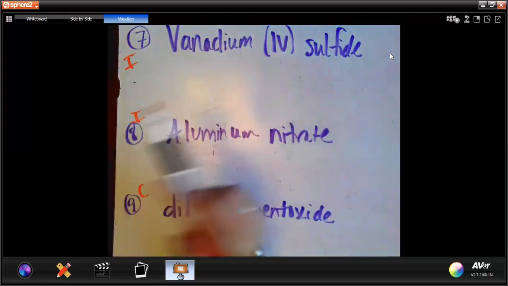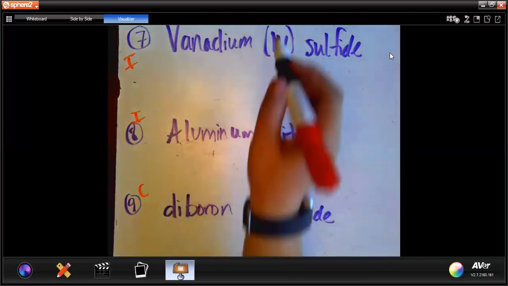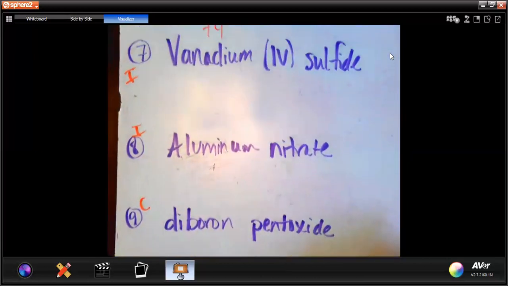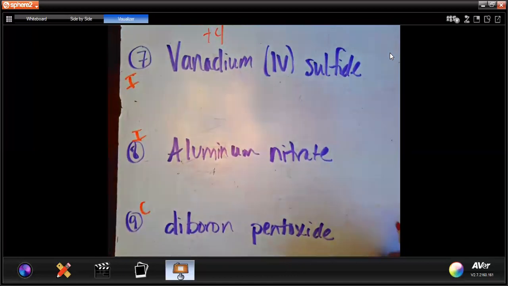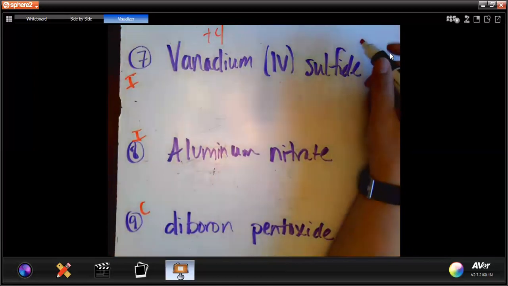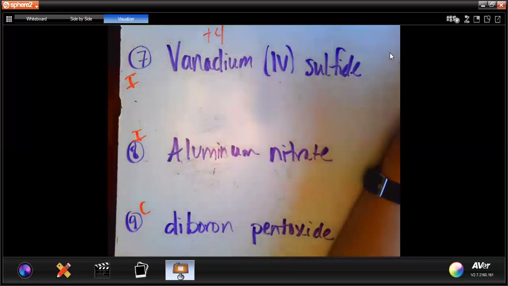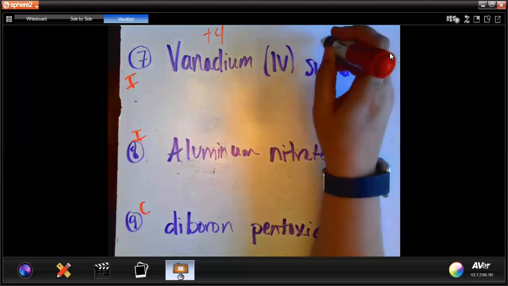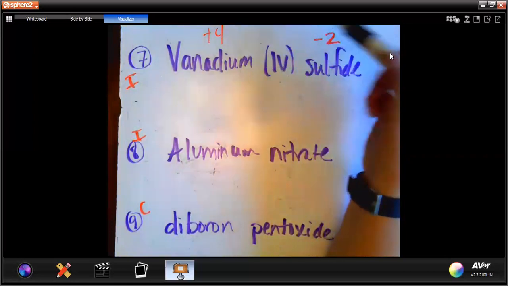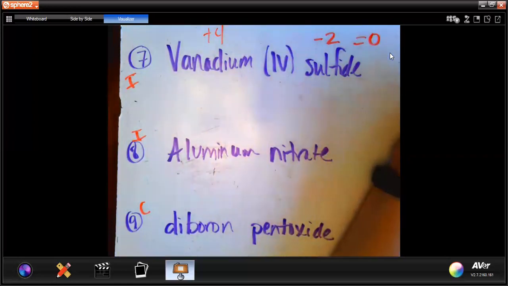All right, so vanadium(IV). This IV means that vanadium is +4. Okay. We look up on our periodic table, sulfur is in group 6, and again needs to add 2 more electrons to get to an octet, so it makes it a -2. Now again, these charges have to add up to 0, right?